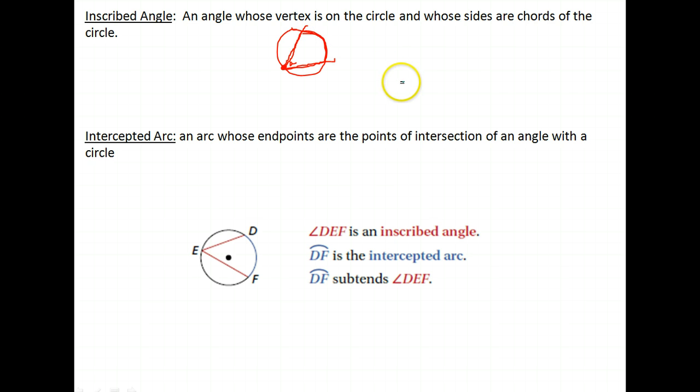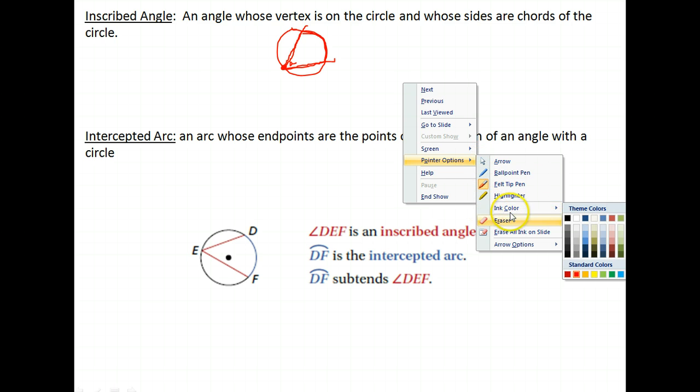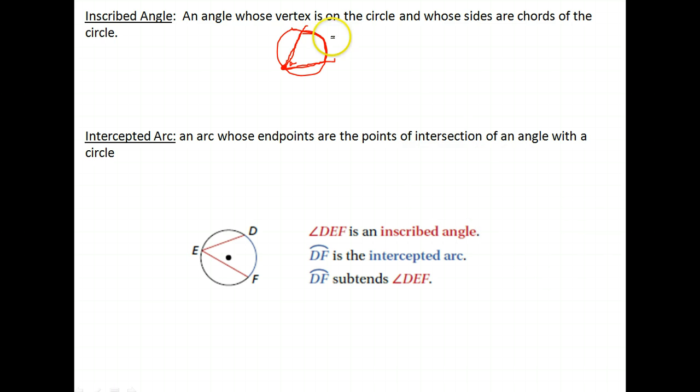Let me change colors for a second. This would be our intercepted arc. It's the section of the circle that you're cutting out with your angle. So again, the angle and the arc.